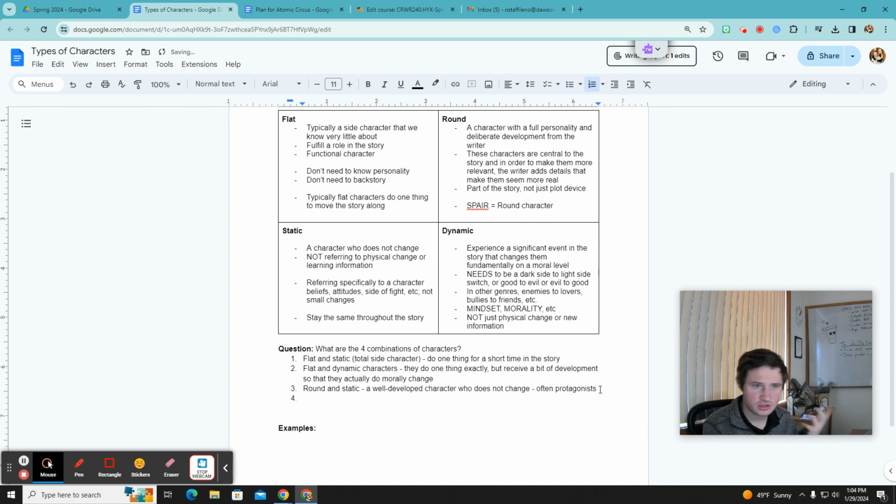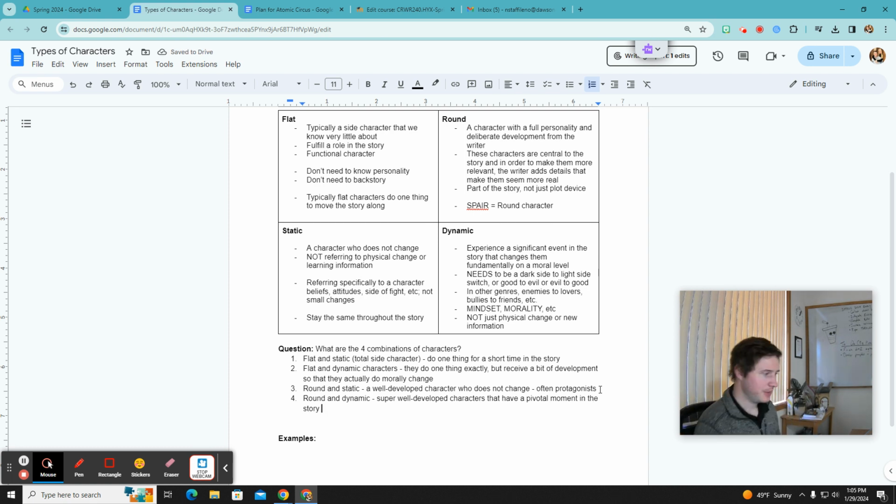And then the final combo, of course, would be round and dynamic. And these are some of the most well-loved characters. Super well-developed characters that have a pivotal moment in the story. Not a critical moment, a pivotal moment, right?